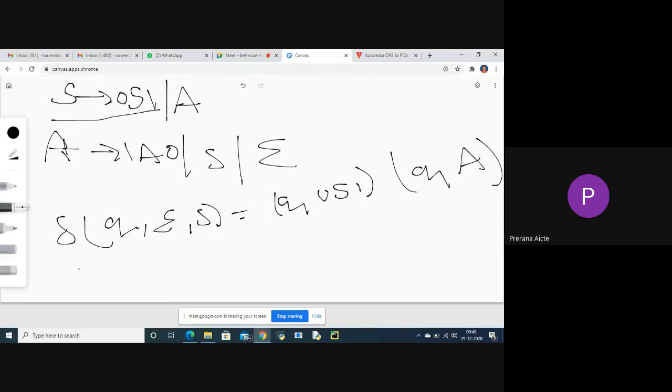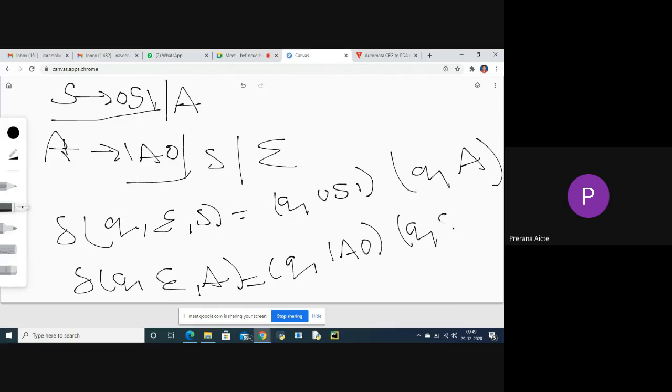Here delta of q comma epsilon comma capital A is equal to q comma 1A0, and one more production q comma S, and one more production q comma epsilon.